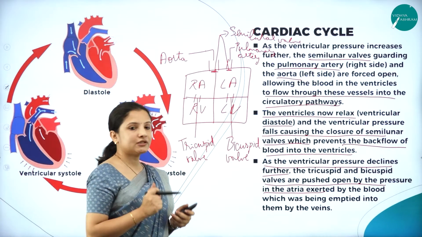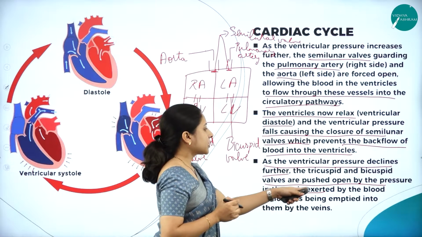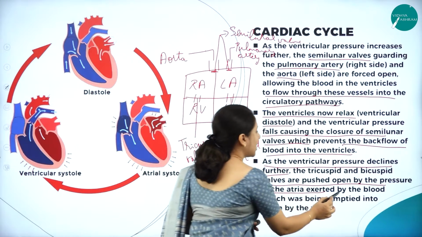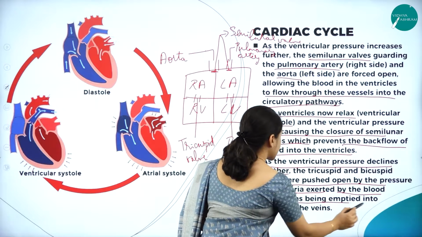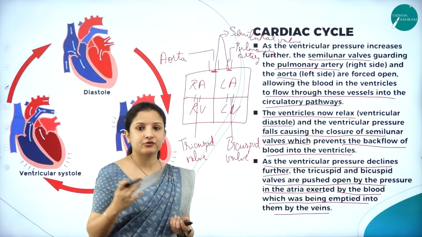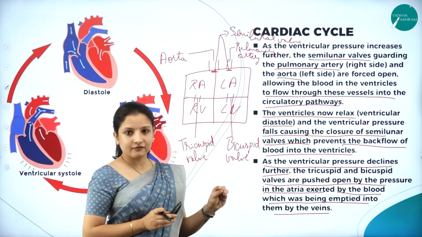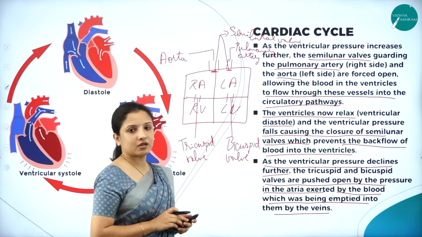Now, what happens when the tricuspid and the bicuspid valves open? The blood will start to get emptied into the veins, the different veins which carry blood to different parts of the body. The blood gets emptied into the respective vein.